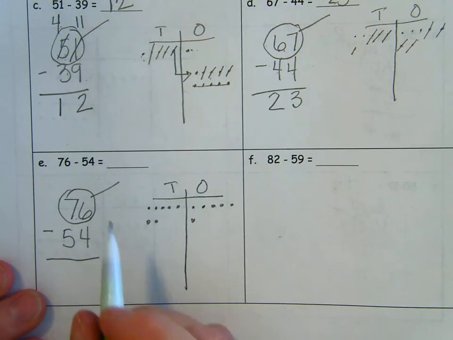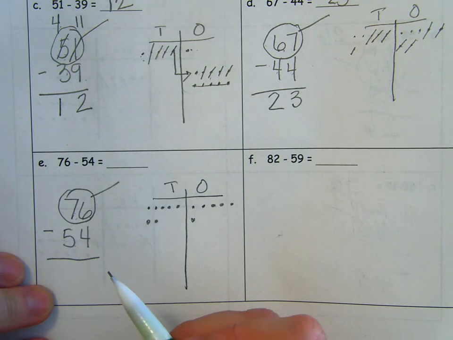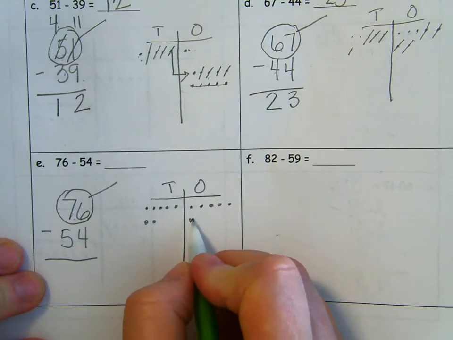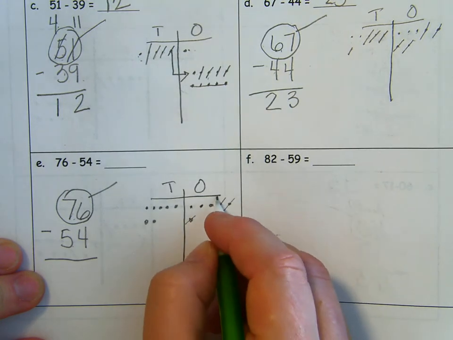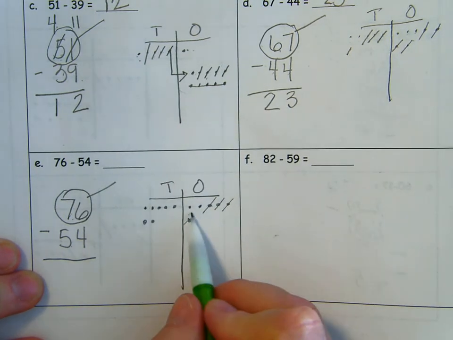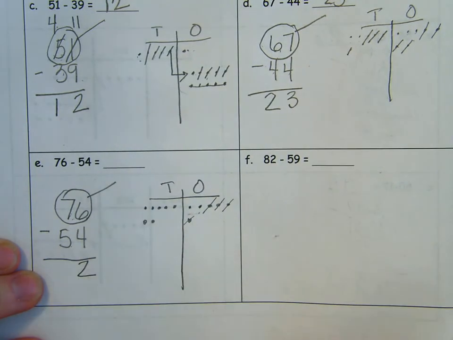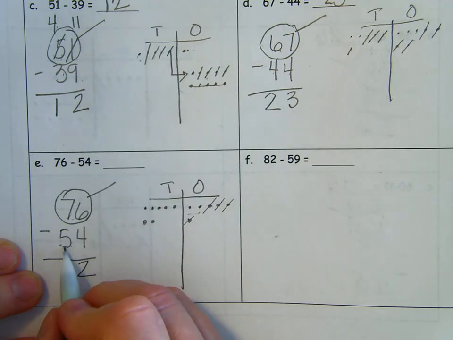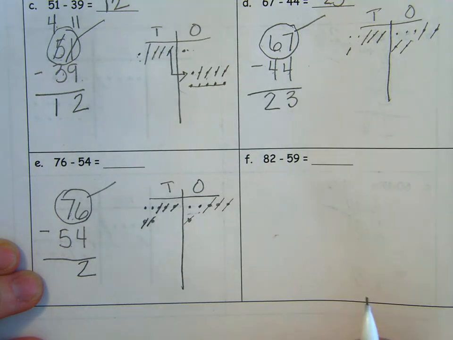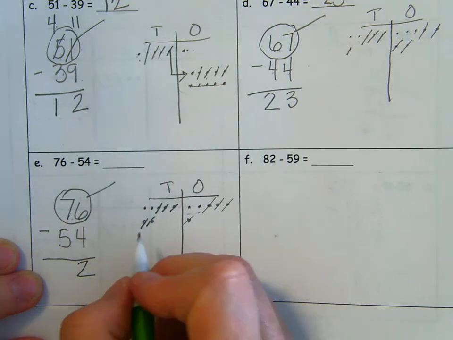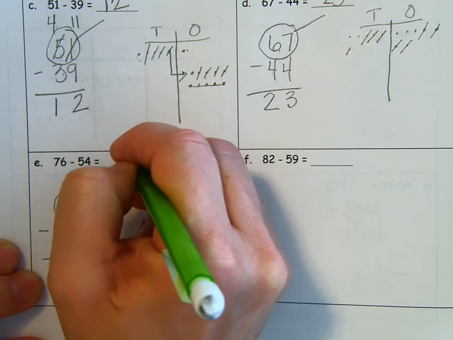I can. Can I take 5 away from 7? I can. So, 6, I'm going to take away 4. 1, 2, 3, 4. 6, take away 4 leaves 2. 7, and I need to take away 5. 1, 2, 3, 4, 5. Leaves 2. So 76 minus 54 is 22.